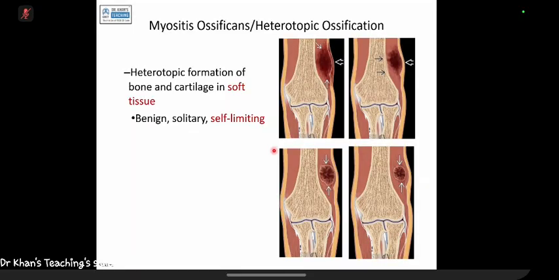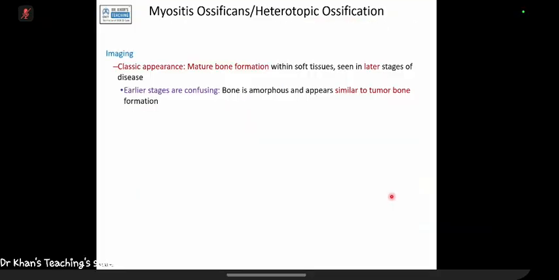So the key point is to follow up on plain film. Plain film is the best modality, and it is a self-limiting condition. This versus this, and over a few months it will become this.